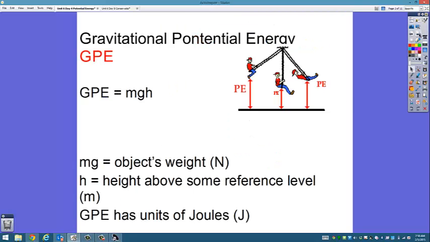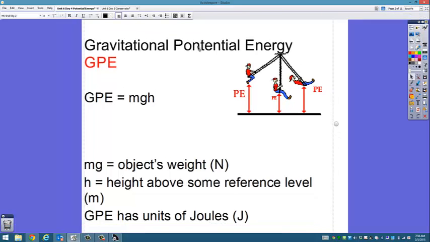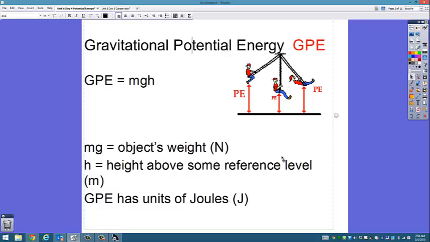So the first type of energy is gravitational potential energy, or GPE. Your gravitational potential energy formula is mgh, and the m and the g, if you remember, is your weight.